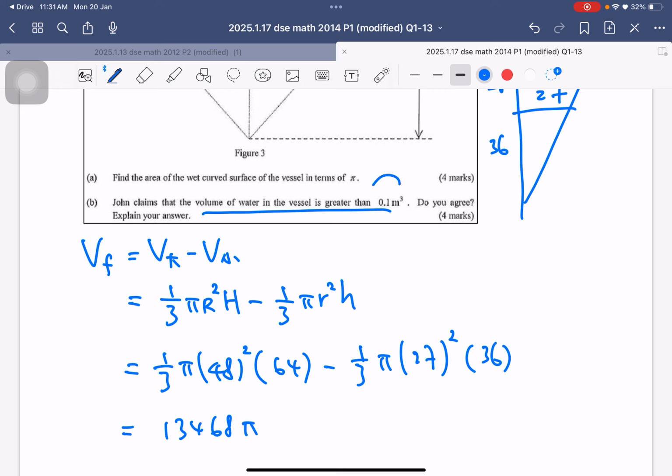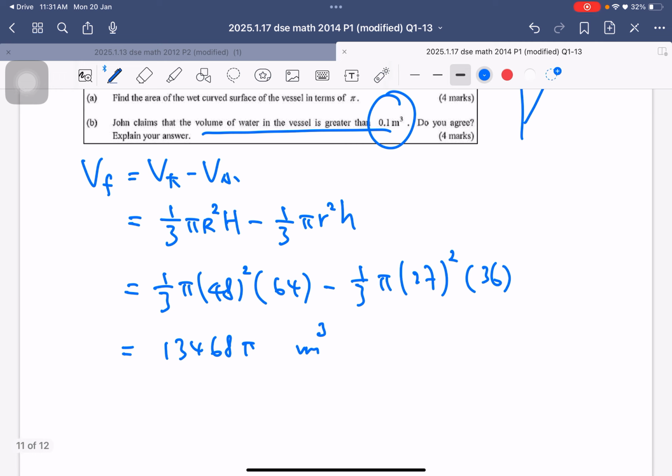But they're asking, is this greater than 0.1 meter cubed? This is cm cubed, isn't it? This is approximately equal to, times the pi, giving you the final answer: 4231.96 and so on. What is the unit? cm cubed.